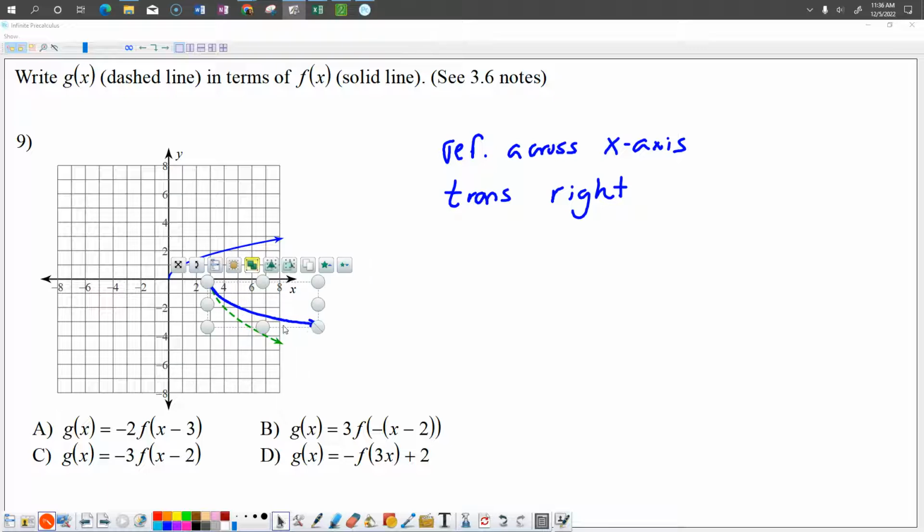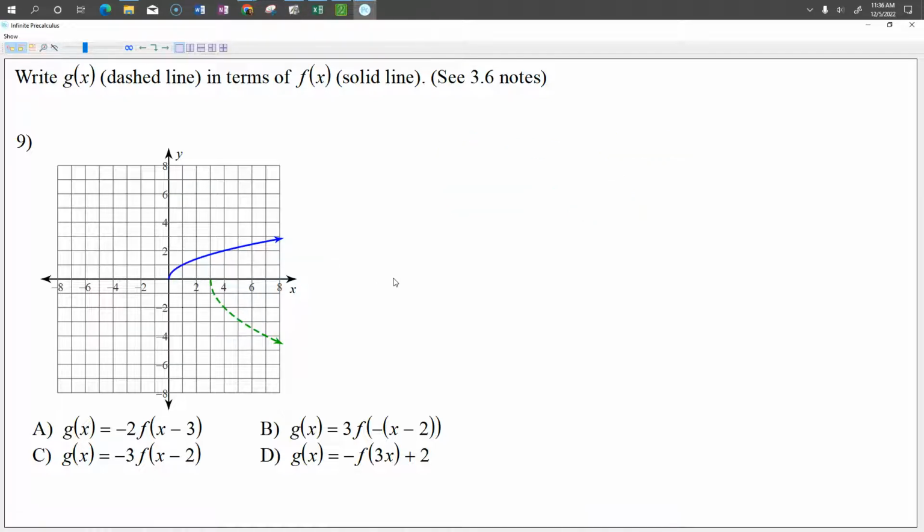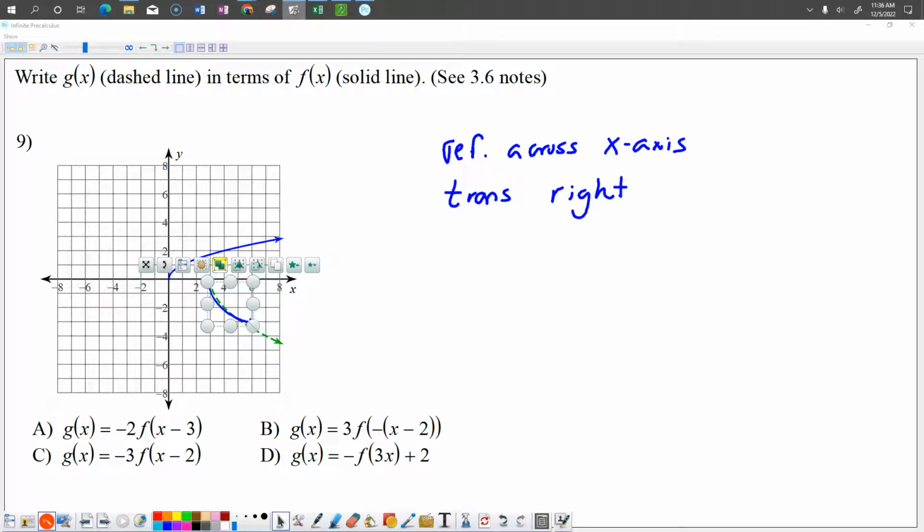So it's either going to be a vertical stretch or a horizontal compression. It's going to be one or the other. It could be either one.